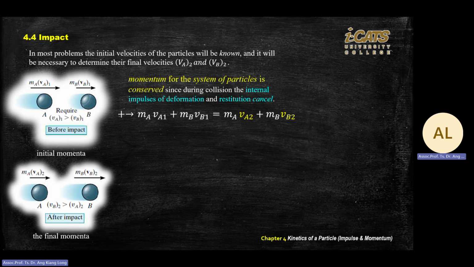If the question mentions the word conserve or no energy loss, then you can use this equation. You look at this question, you see MA, MB, MA, MB on the left and right, which means the two objects break away. If the two objects stick together, then on the right-hand side after will be bracket MA plus MB, and the two move in the same velocity.